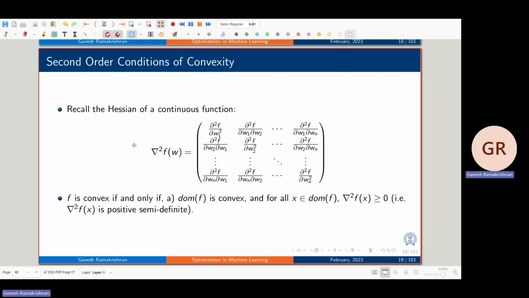Will become C I, greater than or equal to C I, which means the Hessian minus C I should be positive semi-definite. So even if you subtract the C times identity, you will get positive semi-definiteness of the Hessian. Okay.